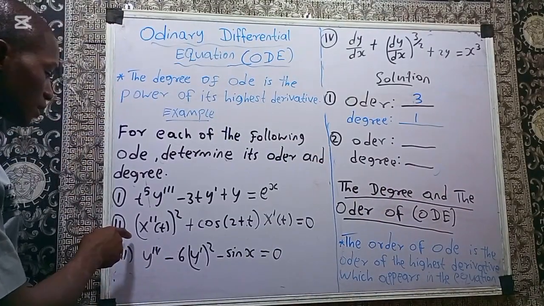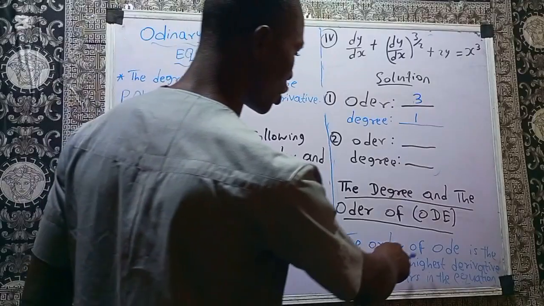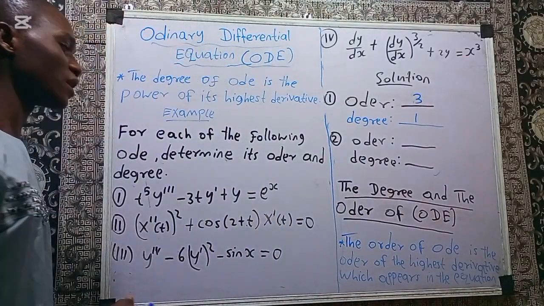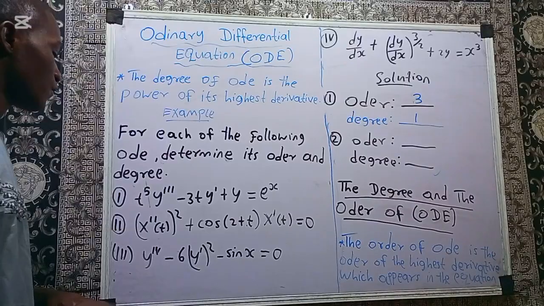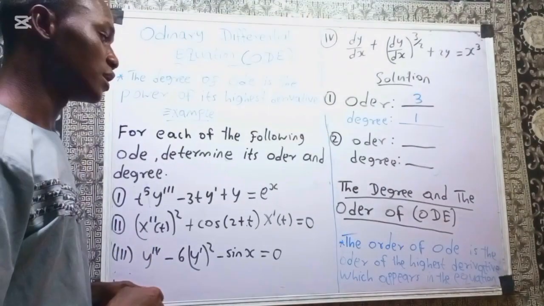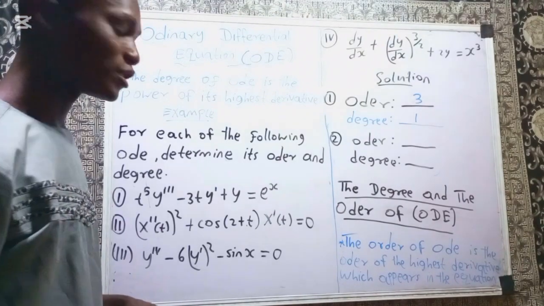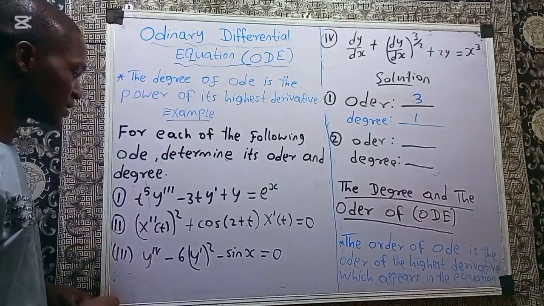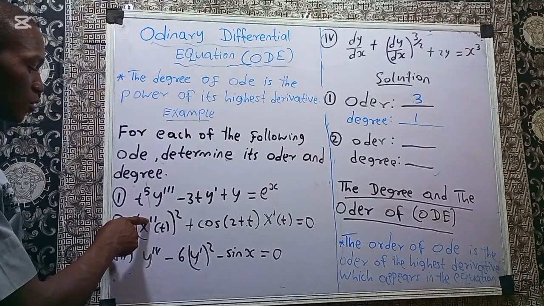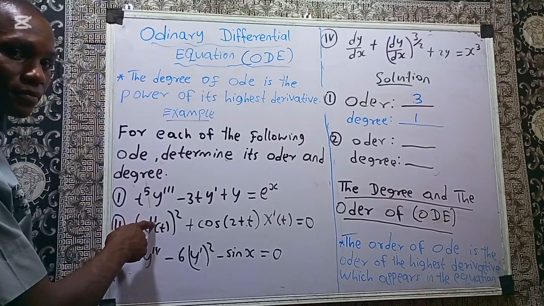For the second one, the order of an ODE is the what? The order of the highest derivative appearing in the ODE. So for the second one, the order is what? What is the order of the highest derivative? So let's look for the highest derivative. We are having x prime prime.